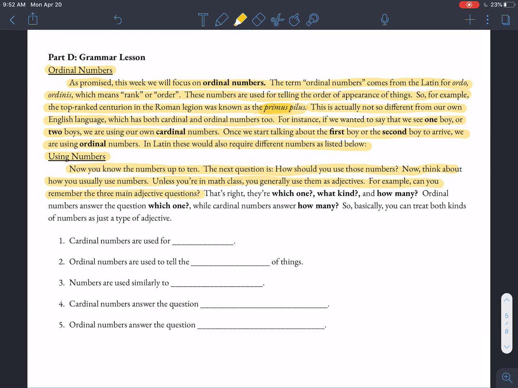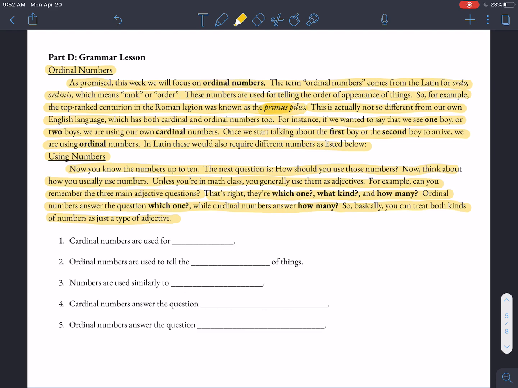This goes back to 4th grade, and if you don't remember, that's okay. We're going to hit upon it now. They're which one, what kind, and how many. Ordinal numbers answer the question which one, while cardinal numbers answer the question how many. So basically, you can treat both kinds of numbers as just a type of adjective.